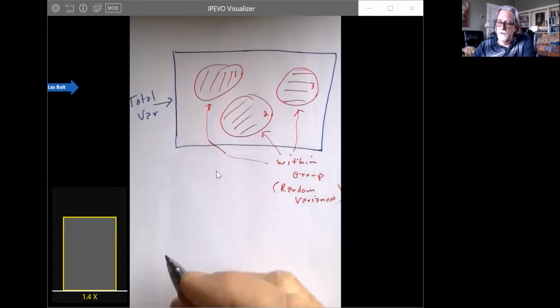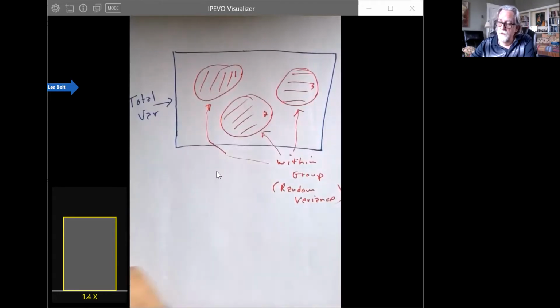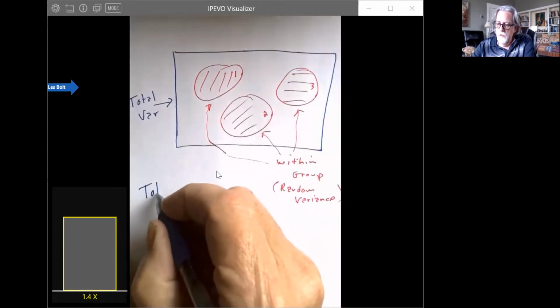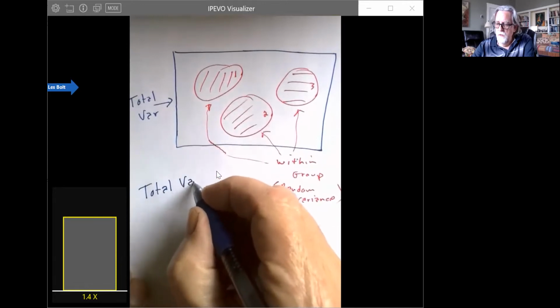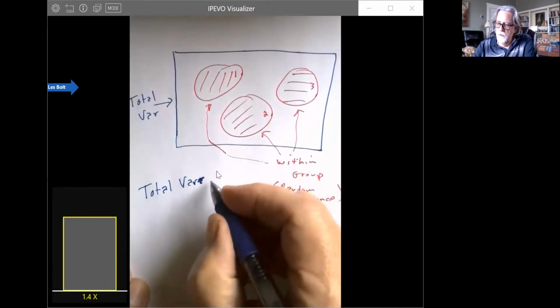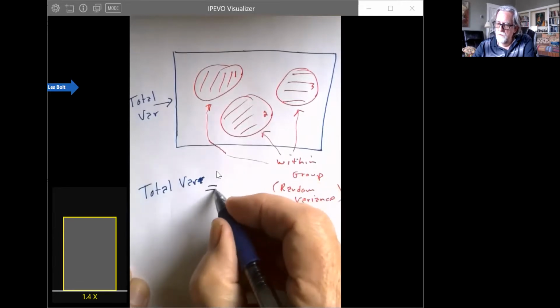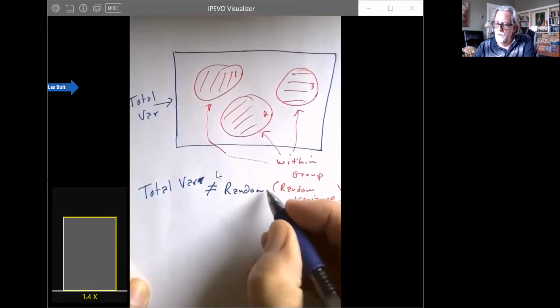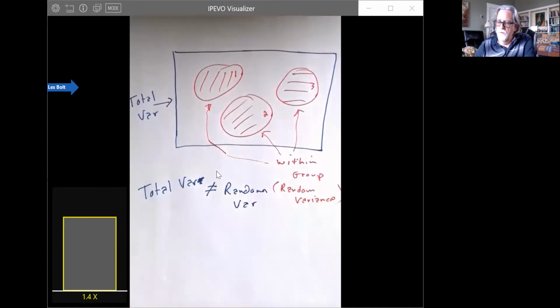Well, as it turns out, total variance is not equal to random variance. In fact, random variance is very often less than total variance. In fact, it is always less than total variance. And so we're wondering where the rest of that variance went to.